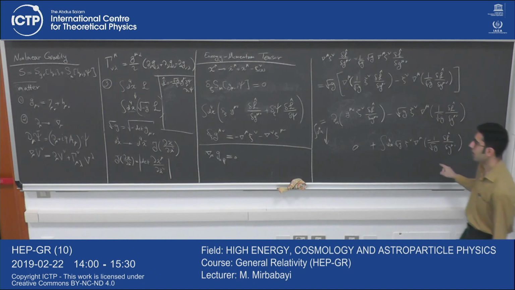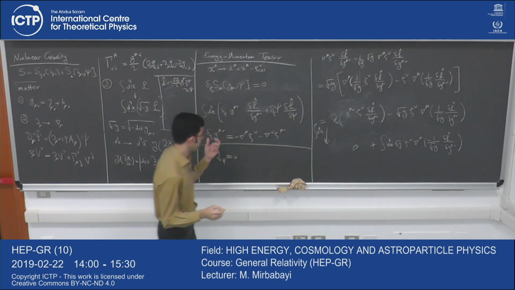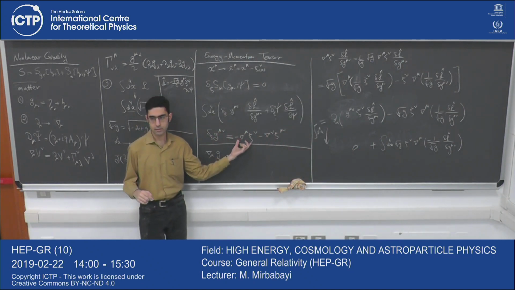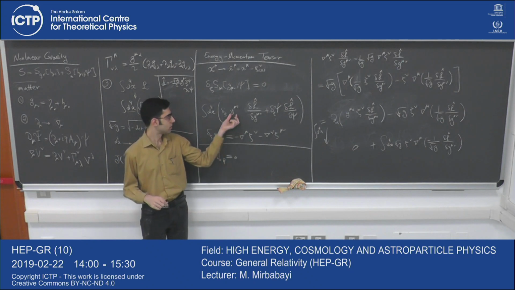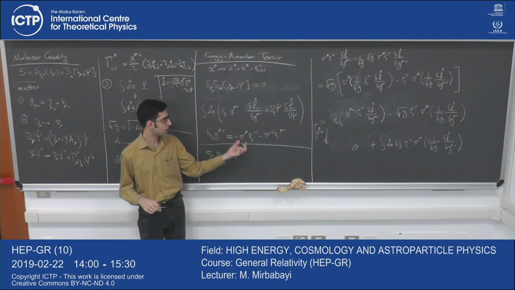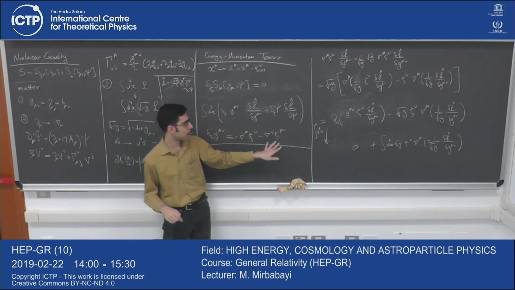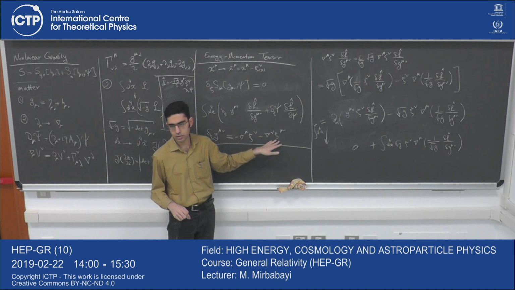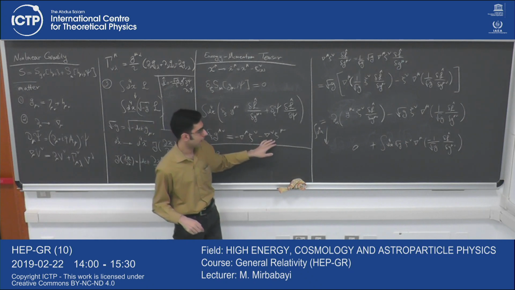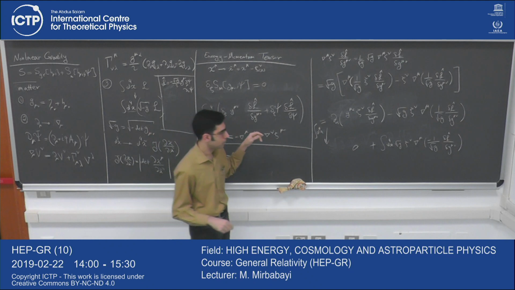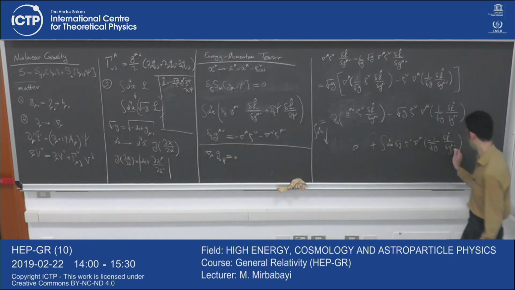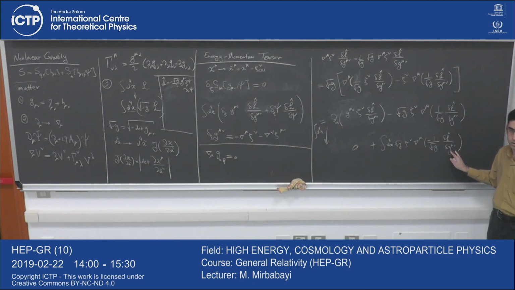Okay, so I did all of this for one of these terms in the variation of g mu nu. There was this one term here, and I applied this manipulation to this one term. I can repeat the same arguments for the second term, and the result will be identical because of the symmetry of g mu nu. If I apply it to the second term, I only change mu and nu, but because this is symmetric, I get the same answer.